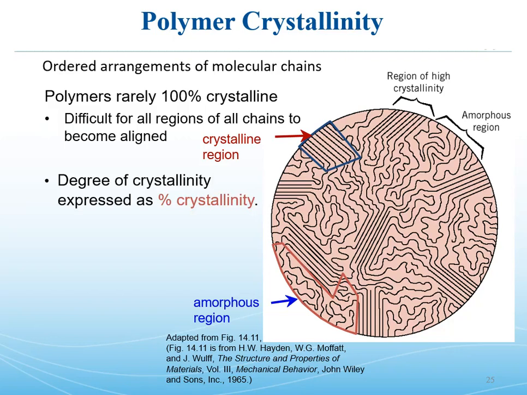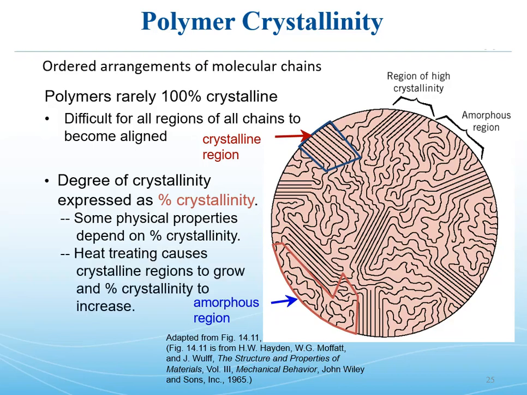Degree of crystallinity is expressed as percent crystallinity, and it is a volume fraction of crystalline regions to non-crystalline, which will correspond to mole fraction typically, not weight. And most physical properties will depend on percent crystallinity, probably second only to molecular weight in a single characteristic, which determines quite a few properties.